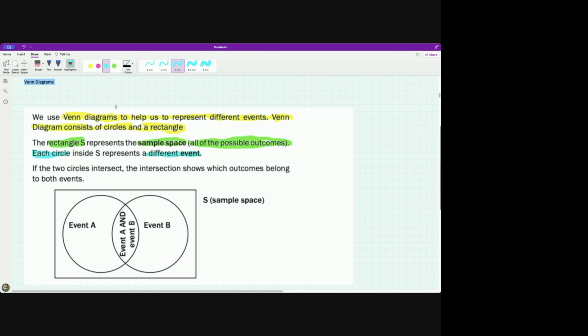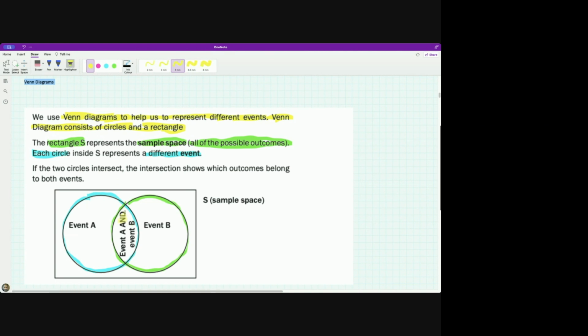So, for example, event A, let's go with everything that's inside the blue circle is in event A, and everything that is inside the green circle is in event B, and some outcomes are actually in both events.